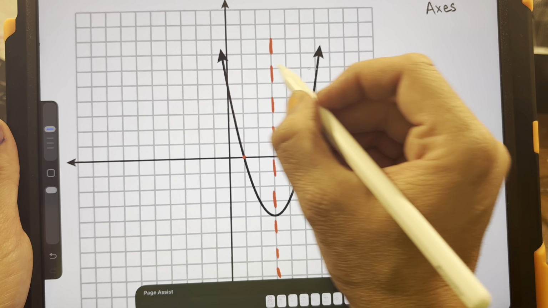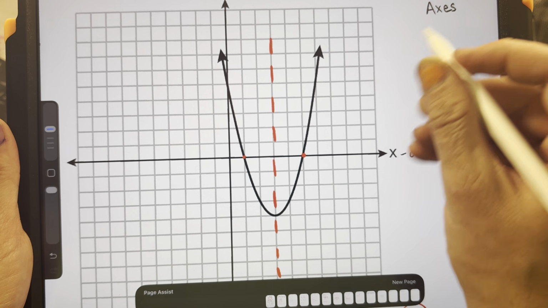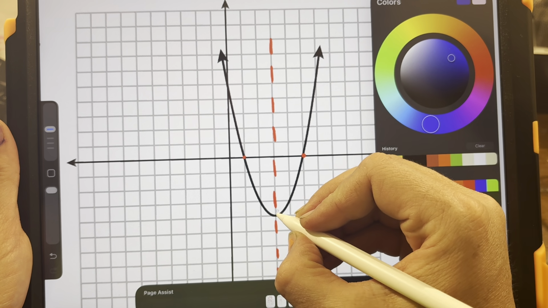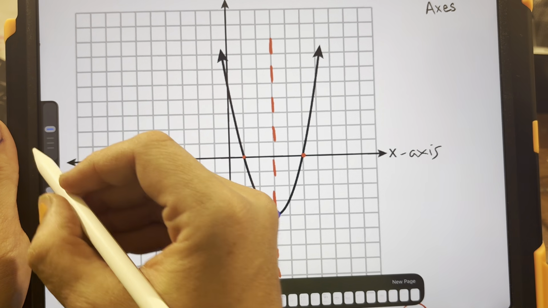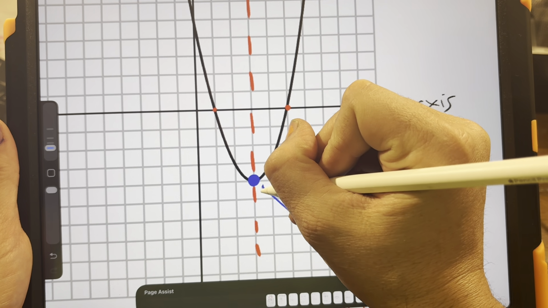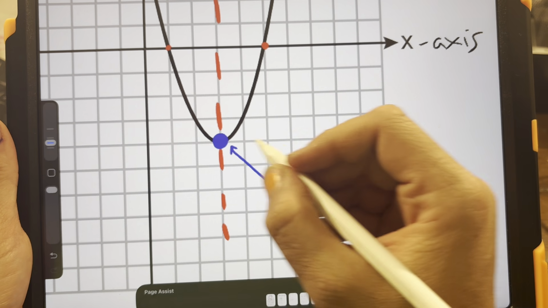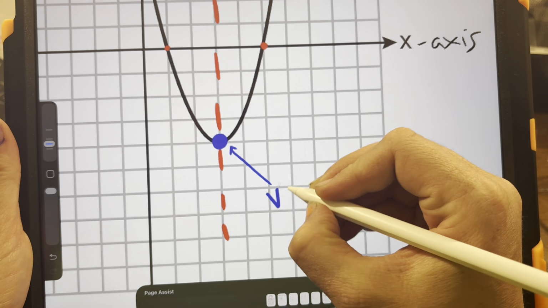These are equidistant from here. It's the magic of the parabola. And you'll notice it hits the parabola at one special point. So let's do some vocab here. This point where the parabola sort of does the little loopy-loop, the turning point, if you will, the hinge, we call that the vertex.